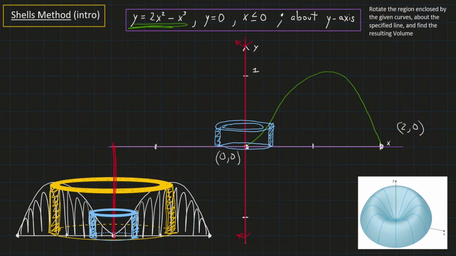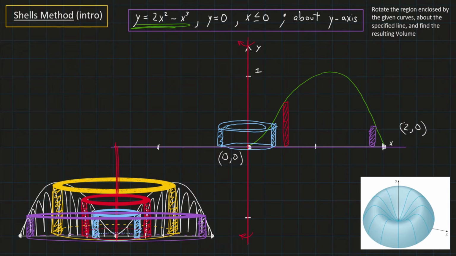And of course you can keep on imagining us doing this process for all these little rectangles. So hopefully this allows you to visualize our 3D volume as a bunch of shells.